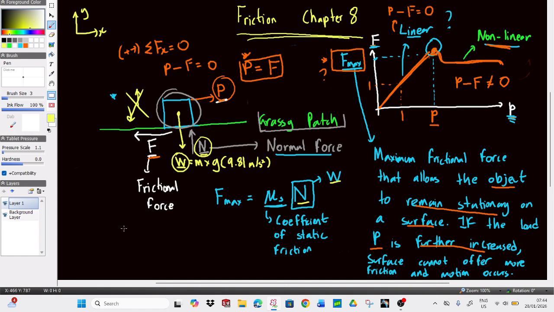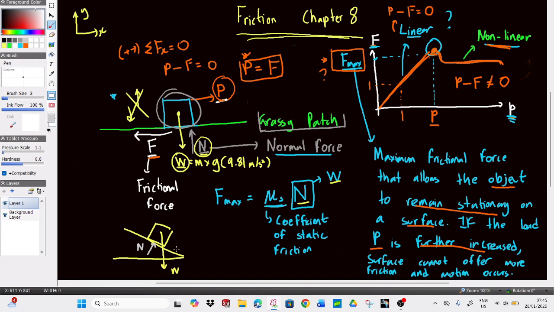Because if you're dealing with a slope, and your body is here, the weight is obviously going to be acting downwards, but your normal force would be acting on the surface itself.